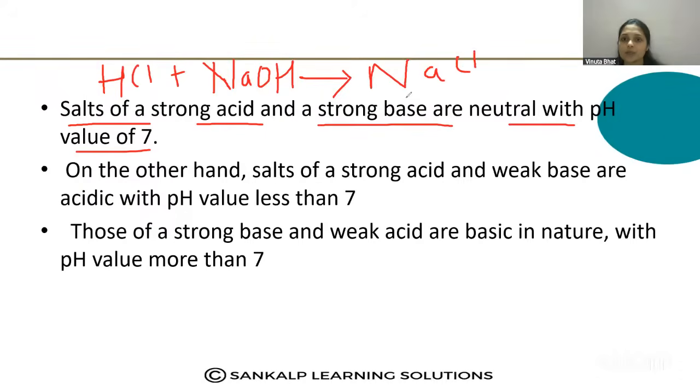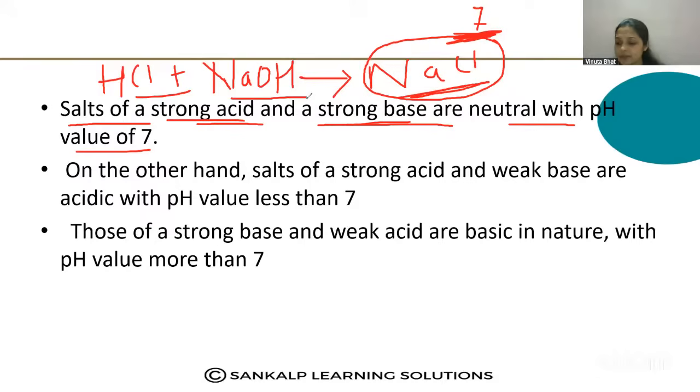It is neutral, 7, because it is a salt of strong acid and strong base. HCl is the strong acid and NaOH is the strong base. Okay.